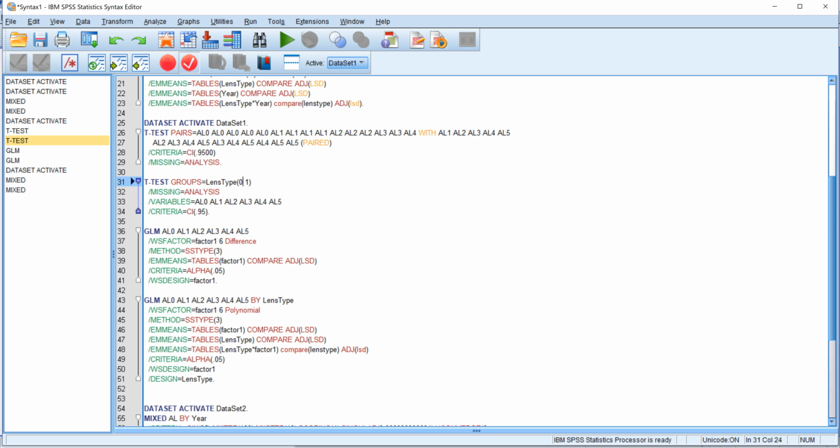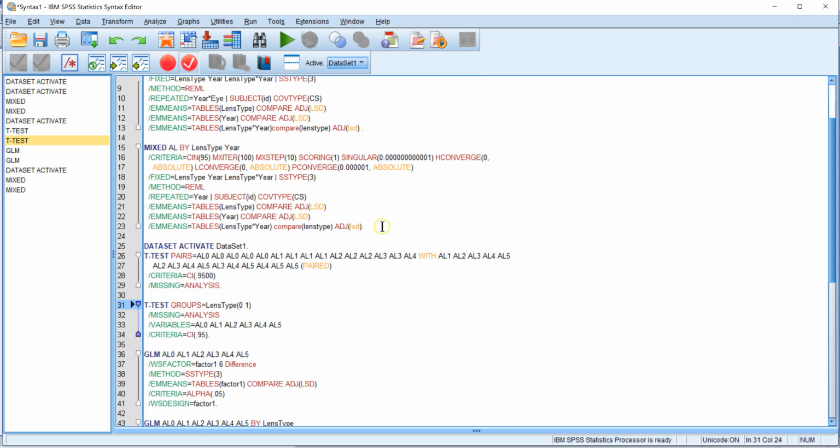Okay, let's look and see what we have here. And I'm going to be focusing on the interaction term. And again, as I mentioned a minute ago, when we look at lens type by year, we can force the lens type comparison. So we're basically looking at, is there a difference between lens type at each year of growth? We can do that by adding this phrase, which doesn't automatically get printed out.